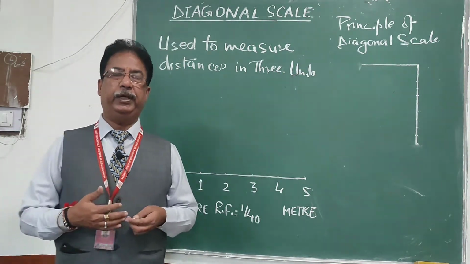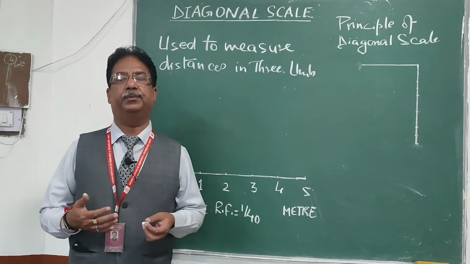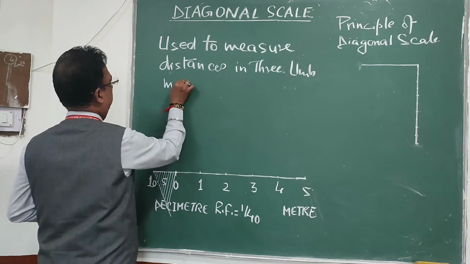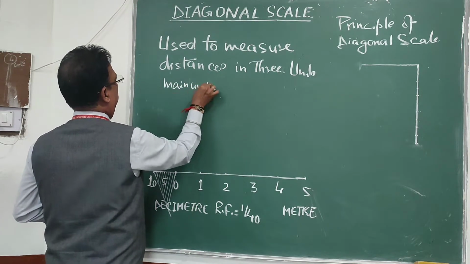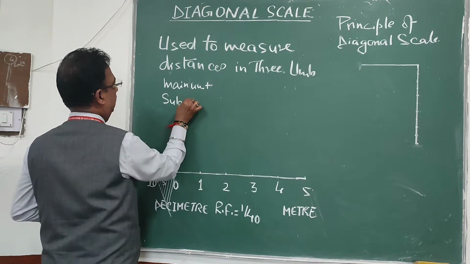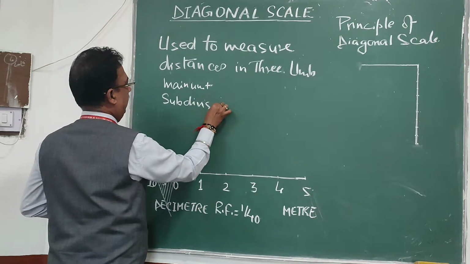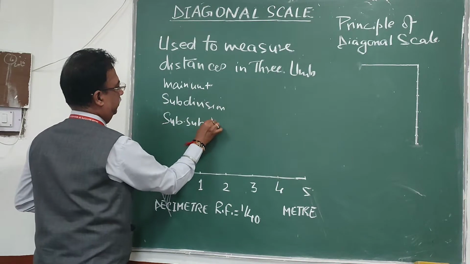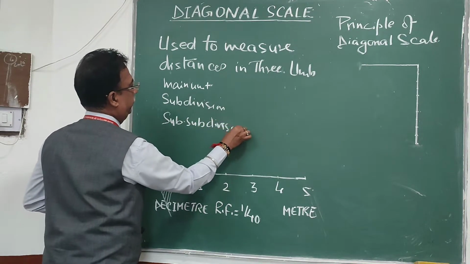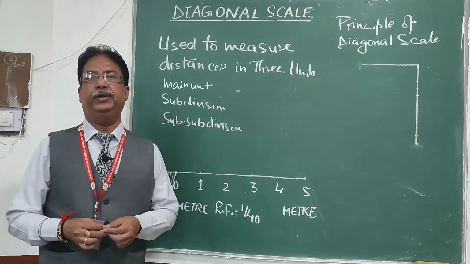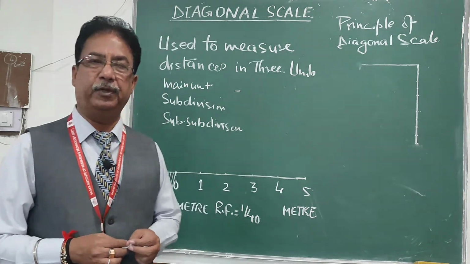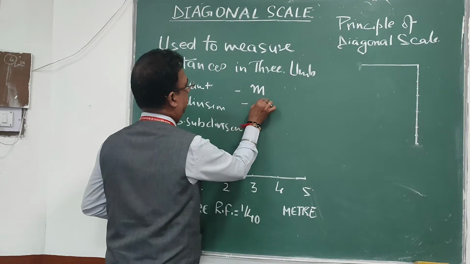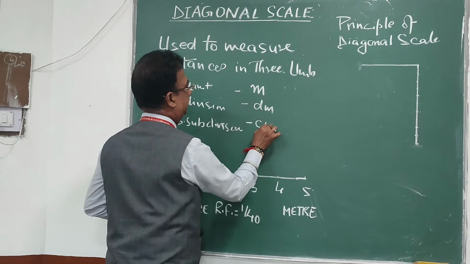So the main unit, its subdivision and subdivision. Suppose the main unit is meter, then the sub unit will be decimeter and the next sub unit will be centimeter. So the 3 units should be meter, decimeter and centimeter.